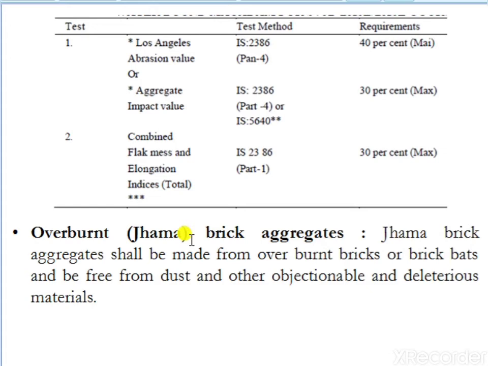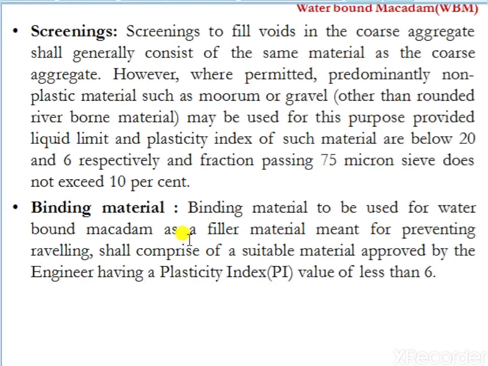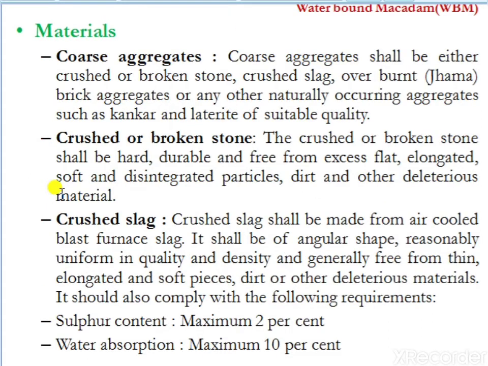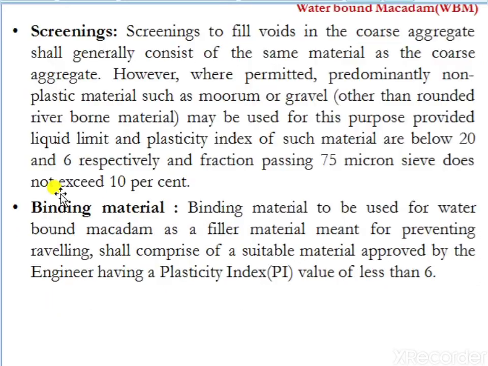The water absorption capacity of these bricks should be as low as possible, and these overburnt bricks should be free from dust and other deleterious materials. So that is about the materials which are used in the construction of the waterbound macadam pavement.